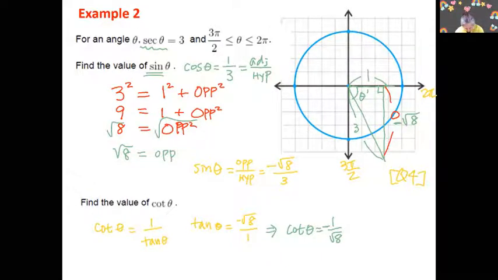It's a matter of rationalization that we learned earlier. Rationalization will require you to multiply the radical value from the denominator top and bottom. Then it's negative radical 8 over square root of 8 times square root of 8, which makes the denominator 8, okay? Then you will see the answer there.